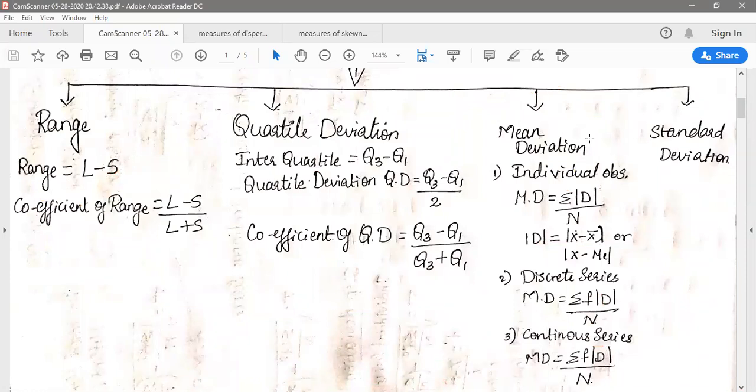Again I am repeating, in mean deviation we do not consider the signs, because while taking the deviations here, we are considering the modulus. If you consider modulus, you're supposed to ignore the signs, and it happens only with mean deviation and not anything else. So, clear with the first three measures of dispersion?